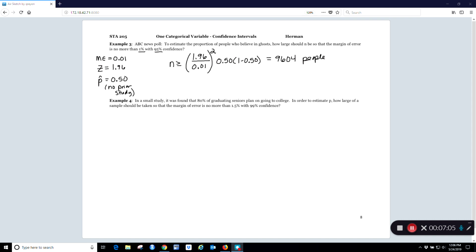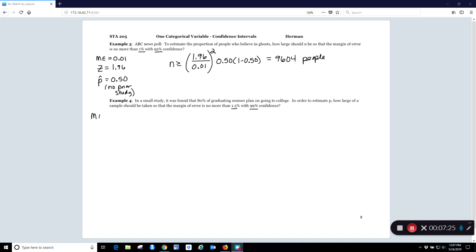Right, another example. So in a small study, we found that 80% of graduating seniors plan on going to college. We're trying to figure out how large a sample should be taken so that our margin of error is no more than 1.5% with 99% confidence. So there's those two numbers that I have to be given.